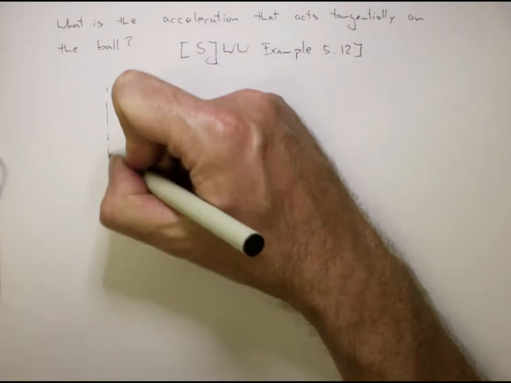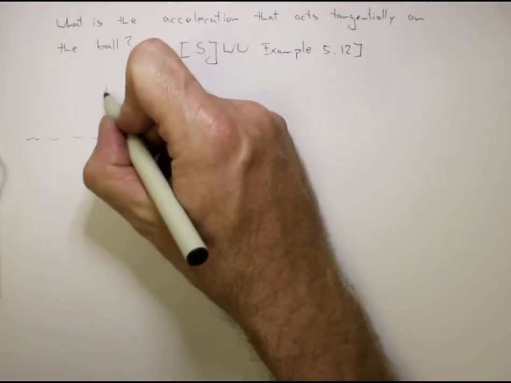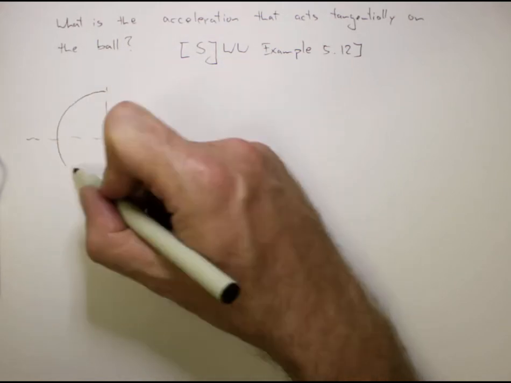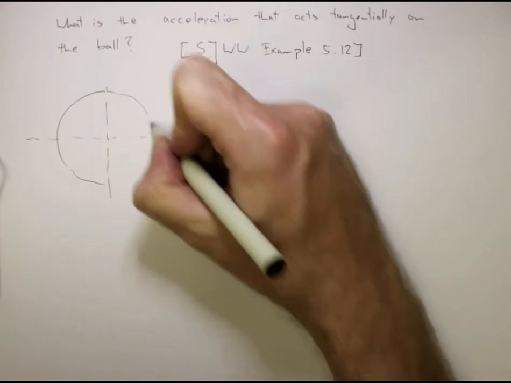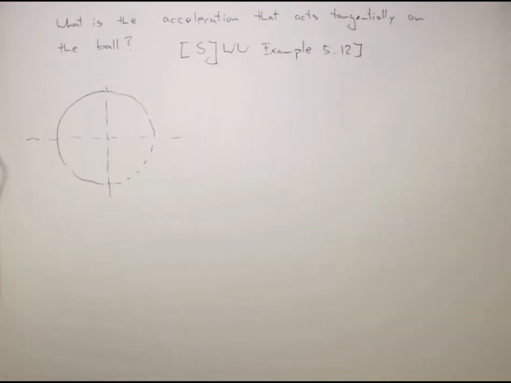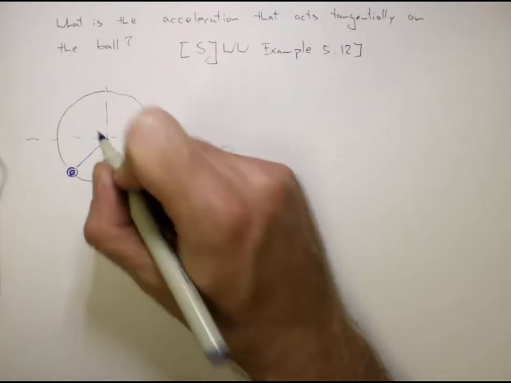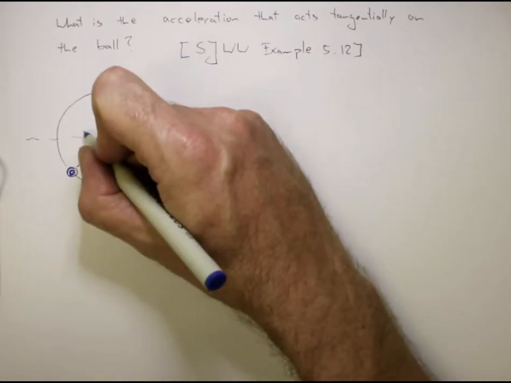Let's make this our origin. I'm tracing two axes through it, and as neat as I can, a trajectory, an orbit for our tennis ball, which might at the moment be at this position, and it's held by the string in position.